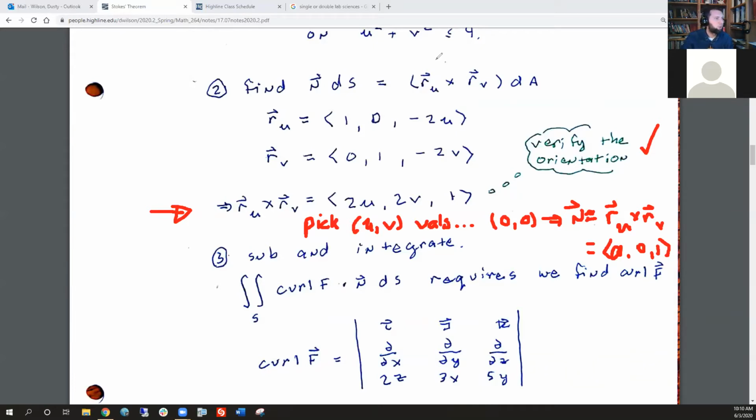And I just want to make sure that I'm being mathematically correct. Remember that our n vector is defined to be r_u cross r_v divided by the magnitude of r_u cross r_v. Quick question. Since the orientation points up, does that mean it's positive? Let me just finish this one thought and then I'll get to that, Titus.